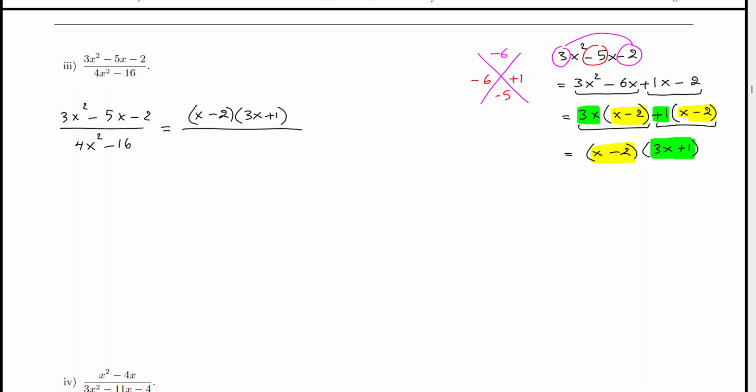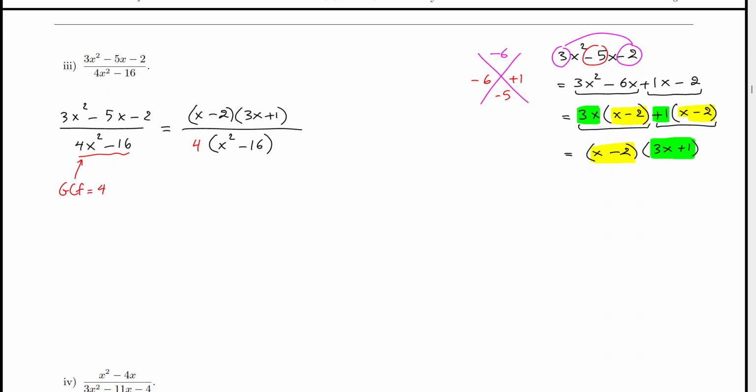Now the denominator, I have 4x squared minus 16, and those two terms, believe it or not, have a common factor. As a matter of fact, it's a 4, because 4 times x squared will be 4x squared, 4 times 4 will be 16. So there, I can write 4, then I can write x squared minus 4.